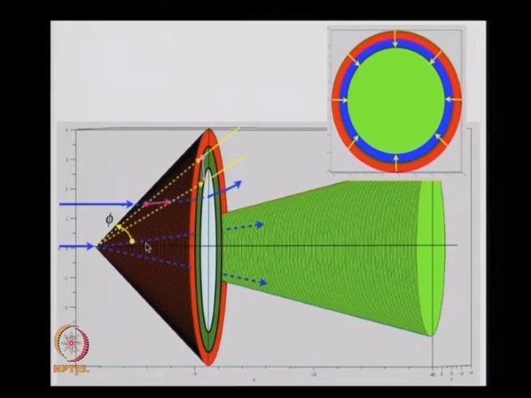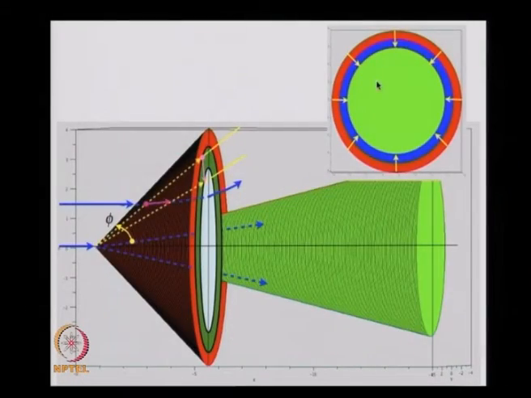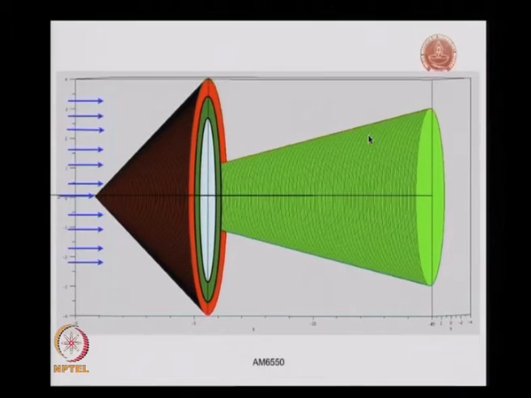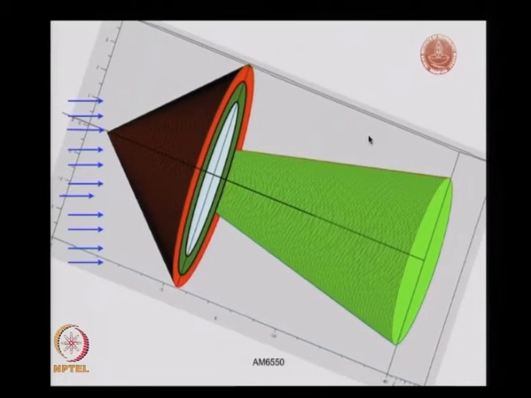If I keep a cone here, the flow is moving all around it. I am trying to look at it from this face, superposing all that flow. So, if I were to look at this face like this, I would basically see the point move from here to here. I would see things move like this.